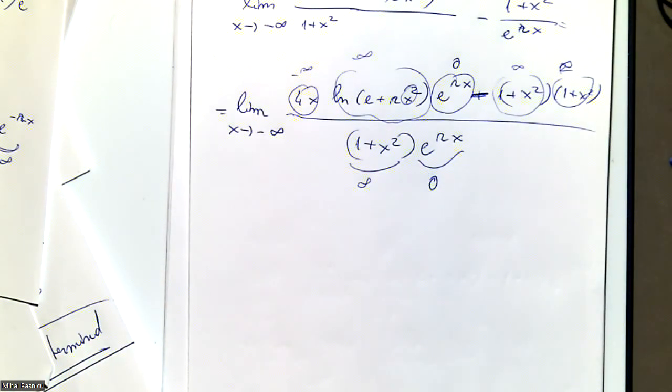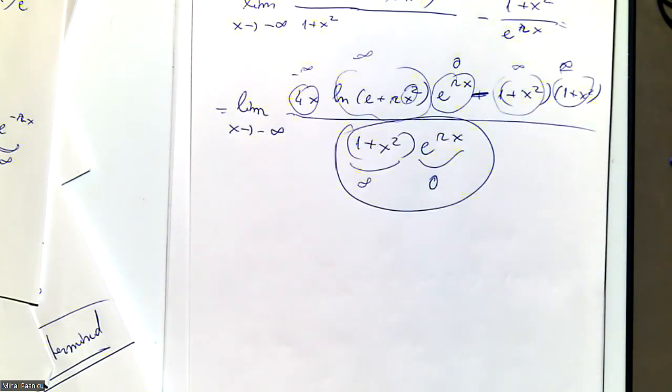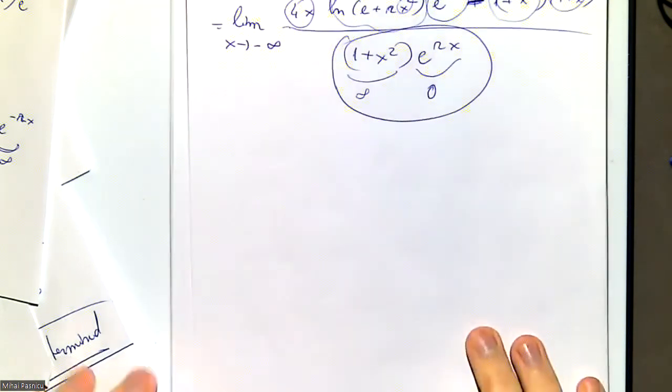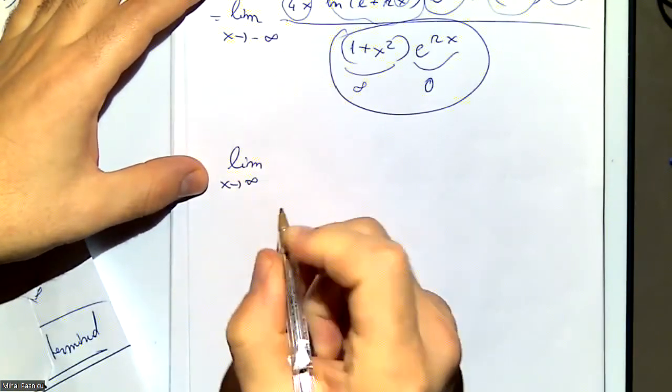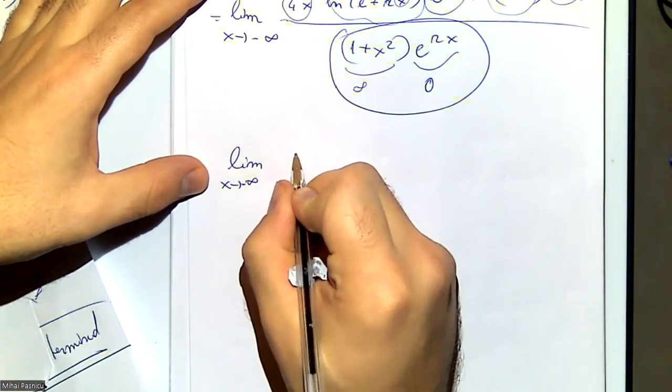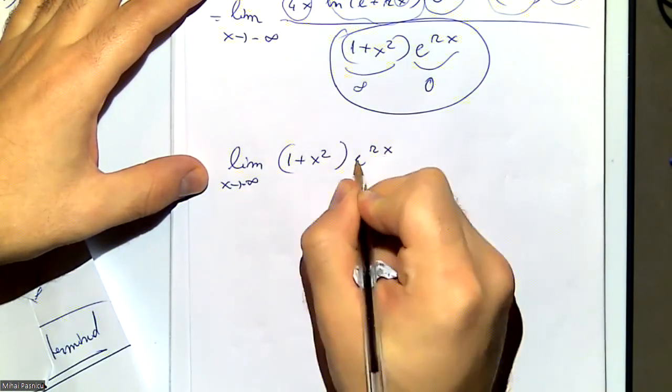So I can't evaluate this whole thing all at once, but maybe I can evaluate this part over here. That's infinity times zero. I'll just start with that. Let's try to evaluate that, see where it goes. So I'm going to evaluate the limit when x goes to minus infinity of 1 plus x squared e to the rx.